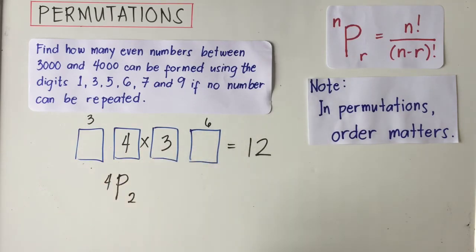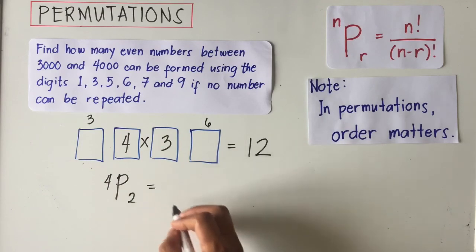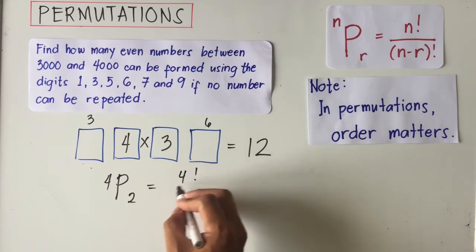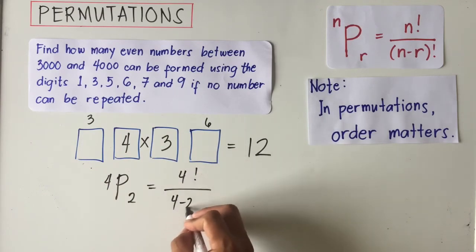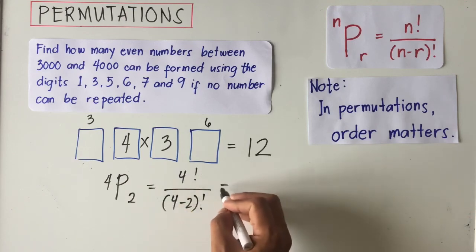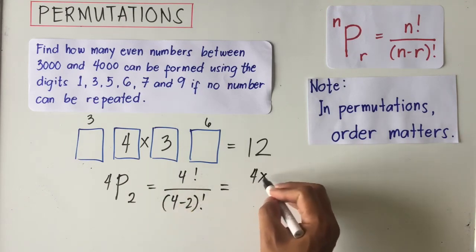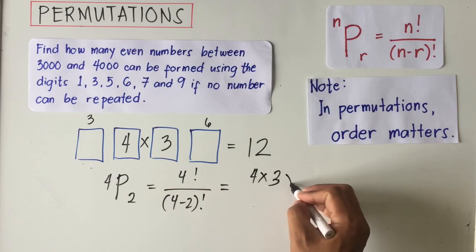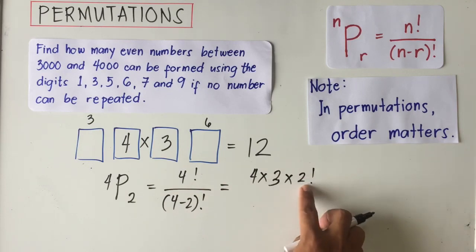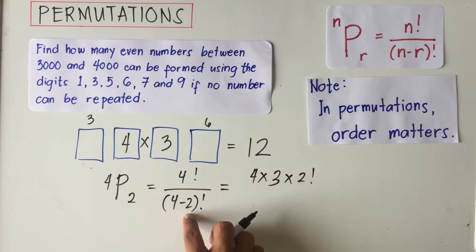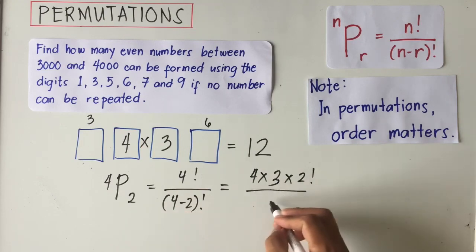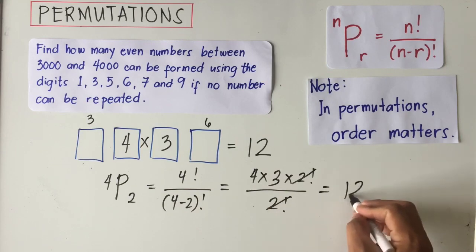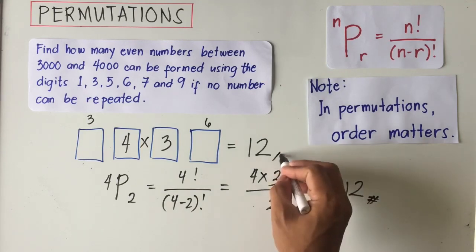Which is equivalent to 4 factorial over 4 minus 2 factorial, which is 4 times 3 times 2 factorial. Why do I end with 2 factorial? 4 minus 2 is 2 factorial. Cancel it out, you will have 12. You have the same answer.